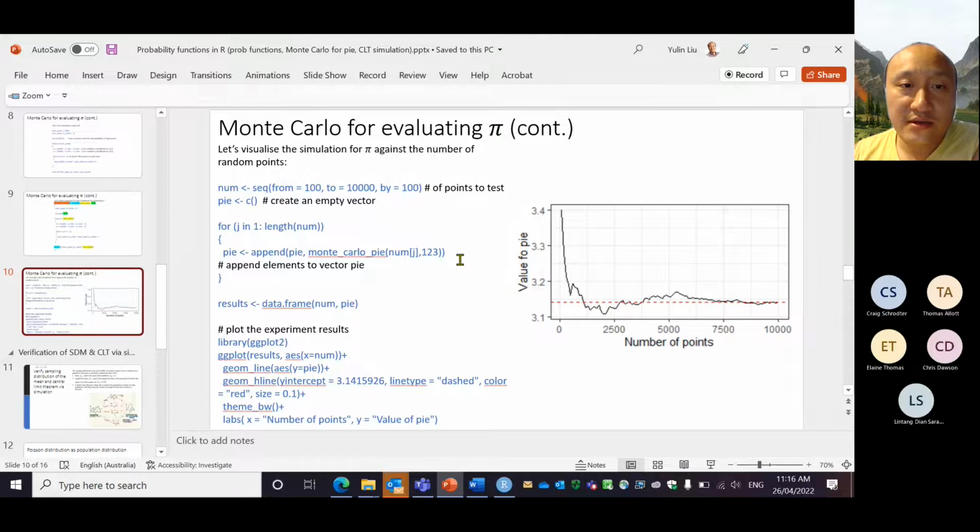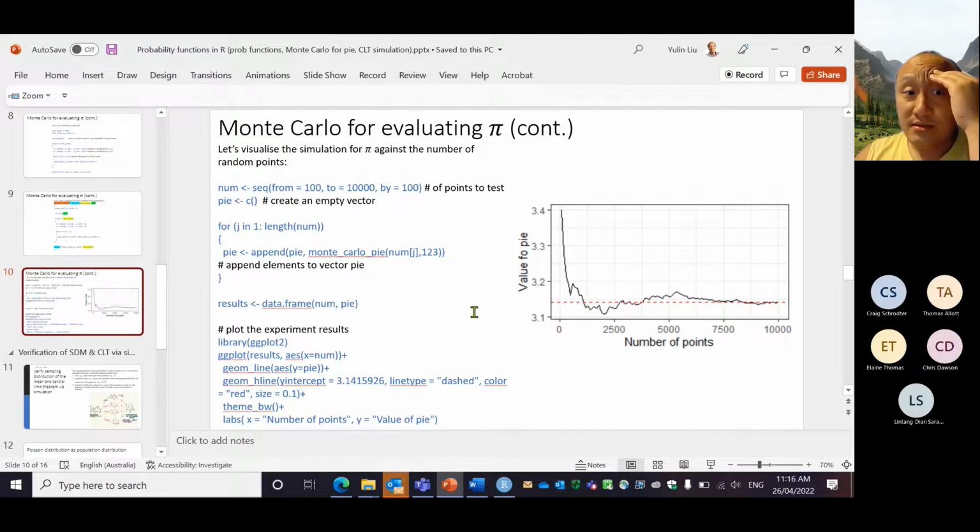Okay. So basically, I'm going to run the experiments 100 times. Each time we have a number of points in this sequence, 100, 200, 300, all the way up to 10,000. And then each time, I'm going to use the Monte Carlo pi function to evaluate the pi value, and then I append that to the pi vector.